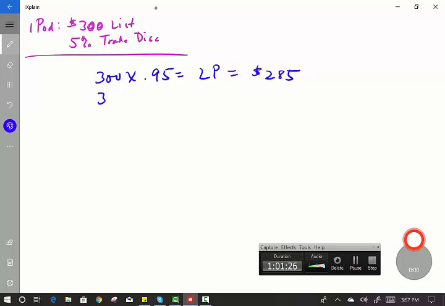Now if I took 300 times 5%, or 0.05 after you move the decimal point to the left, this would give us the amount of the discount. And the amount of the discount is just $15.